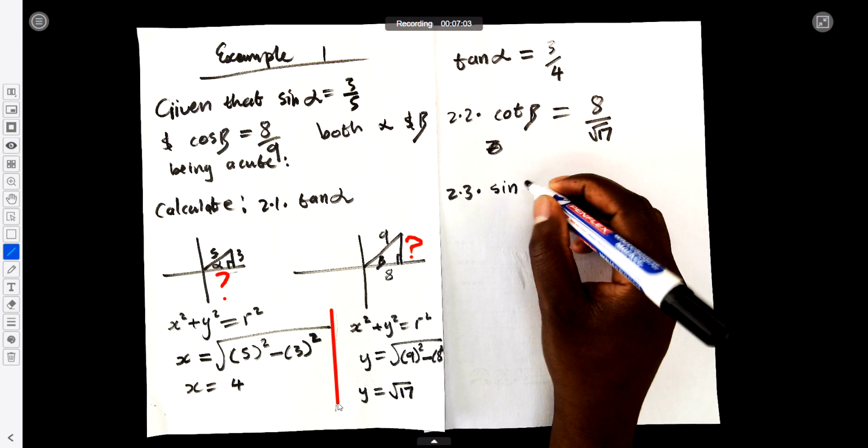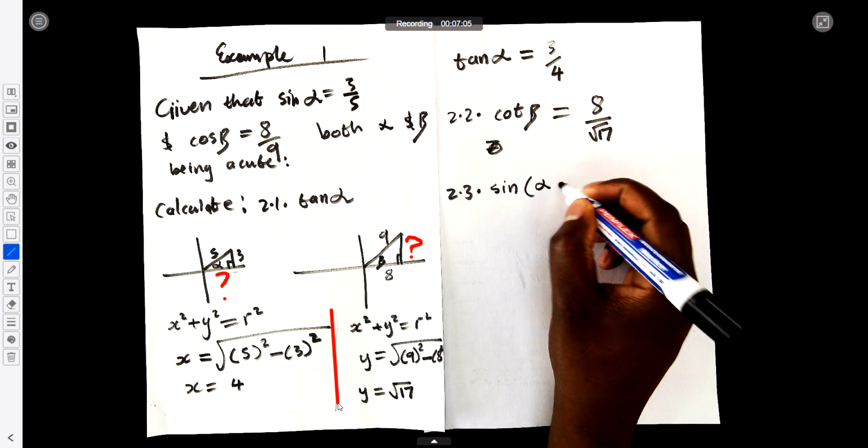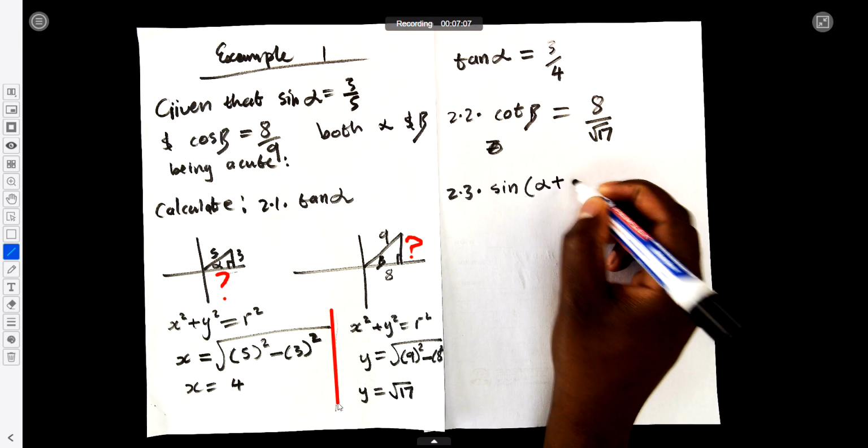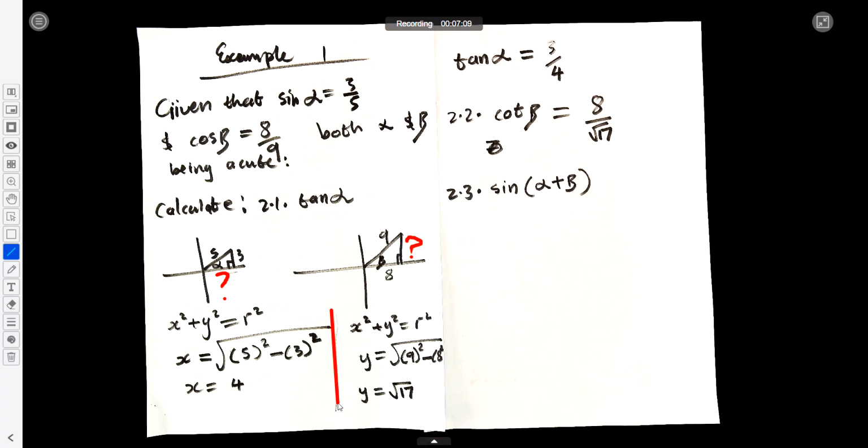The third one, we need to determine sine of alpha plus beta. Please do not be tempted to try and get the angles alpha and beta. Recall compound angles as we did yesterday.